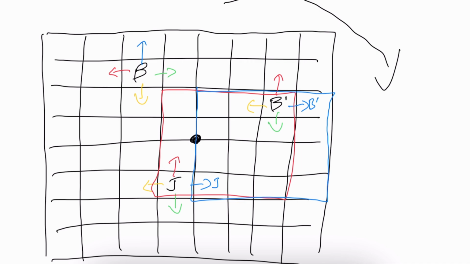Then J would go here, but B prime would stay the same, because going east would take him off the grid. So instead, he just stays still. So now, after this case, the width of our new box shrunk by 1, because J moved right by 1 but B prime stayed still.